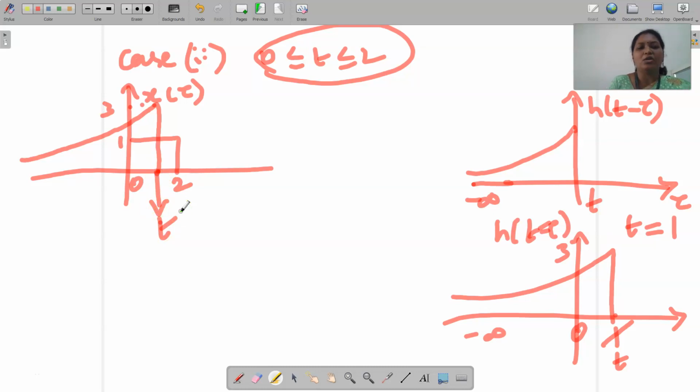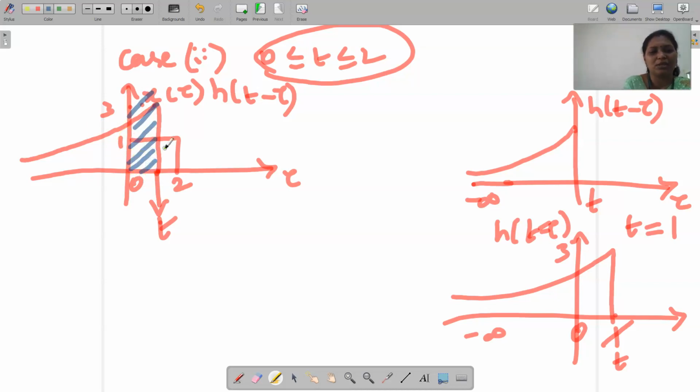Whether there is any overlap between x of tau and h of t minus tau, yes it is. x of tau exists for 0 to t and h of t minus tau also is there for 0 to t. So there is an overlap between these two regions.